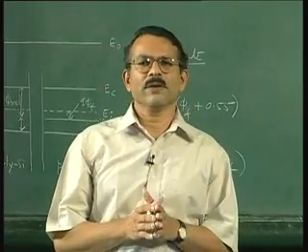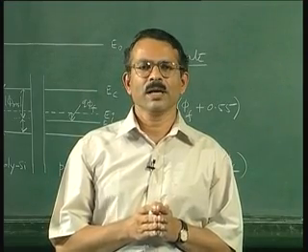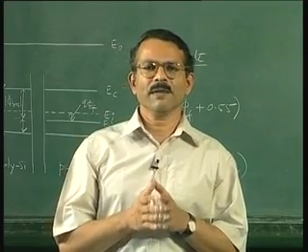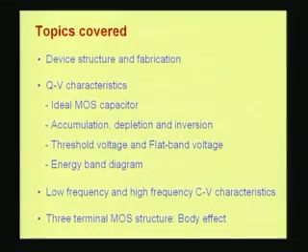Now with this we have come to the end of this discussion on MOS capacitor. Let us quickly summarize what we have achieved in the last few lectures. First we discussed the structure and fabrication of the MOS capacitor. Then we considered its DC characteristics, charge versus voltage, wherein we defined an ideal MOS capacitor, and then we showed what is the meaning of a non-ideal MOS capacitor.